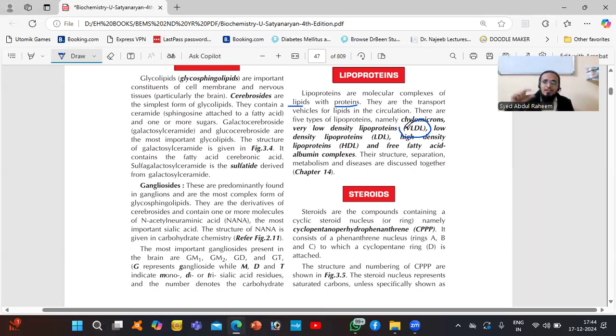They are transporters of lipids, so we have to know how much amount we have. High density lipoprotein is good cholesterol, and LDL is bad cholesterol. We will discuss this in a coming class also.